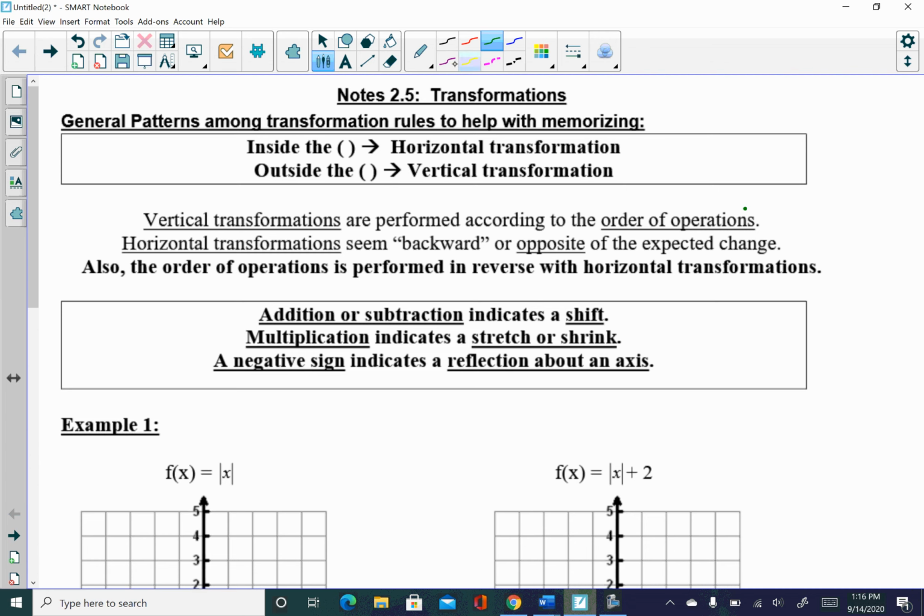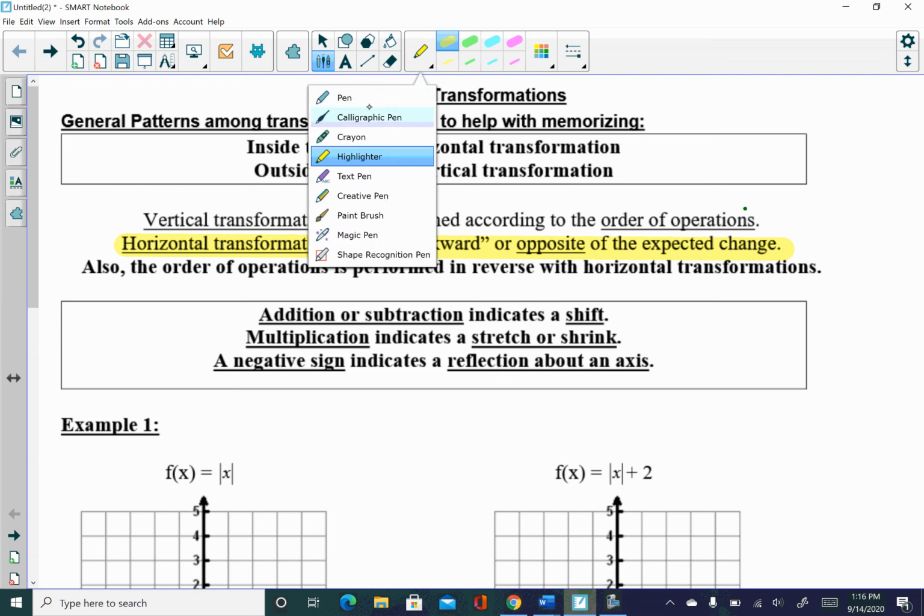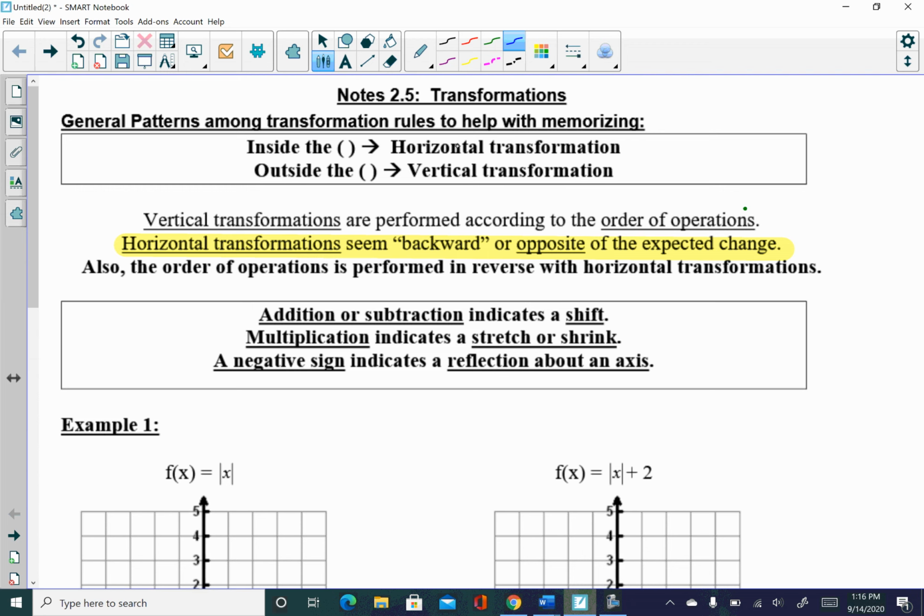Horizontal transformations always seem backward or opposite to what you would expect. So I'll write here: inside parentheses, horizontal, opposite of what you expect.